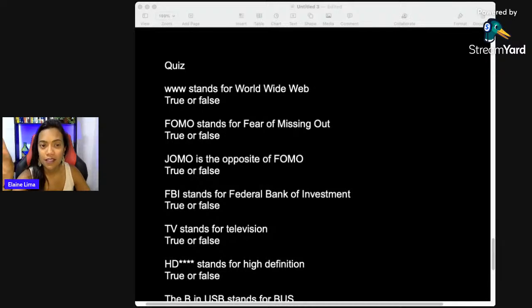The next one, TV stands for television. And HD stands for high definition. True or false? So let's see.